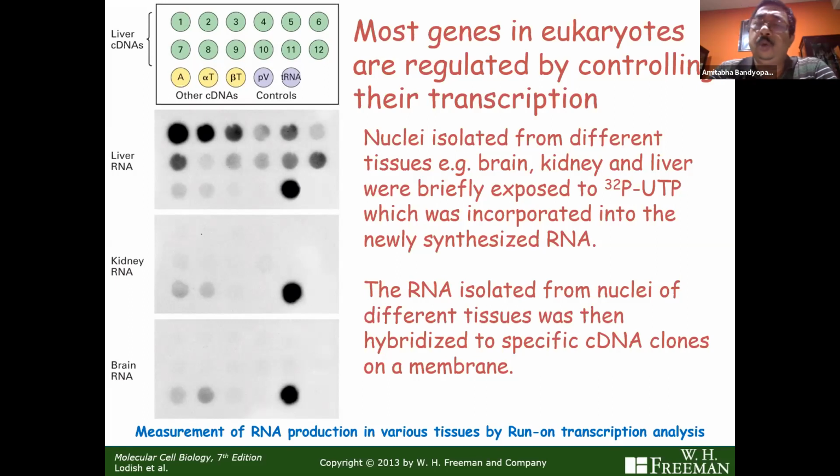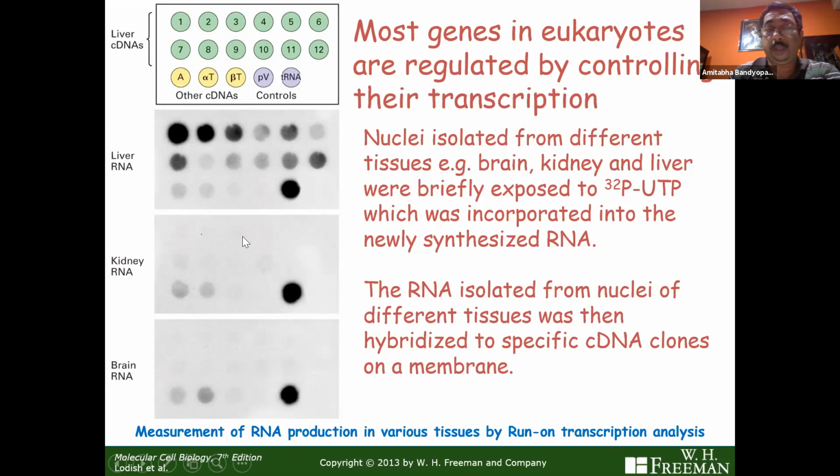Those were relatively low throughput experiments, like 15, 20, 30, 40 genes, and you put the radiolabeled RNA on that piece of paper, and the cDNAs corresponding to the mRNAs that are radiolabeled will light up, as you can see in this particular one, where if you have a liver specific DNA array, then some of those genes will light up when you take the nucleus from the liver.